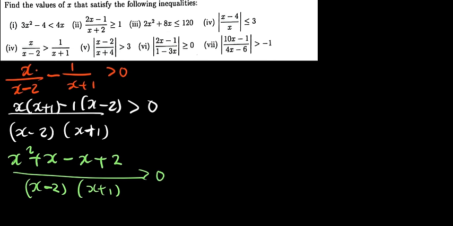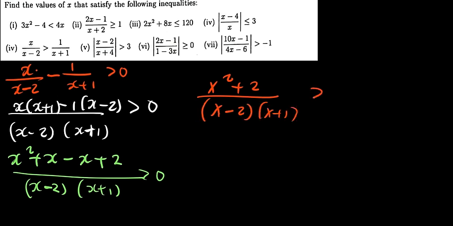So let's simplify the top part. We'll have x squared, x and x will go, I'll just have plus 2 divided by x minus 2, x plus 1 greater than 0. You get the numerator the way it is.